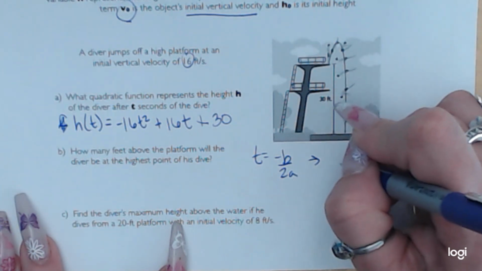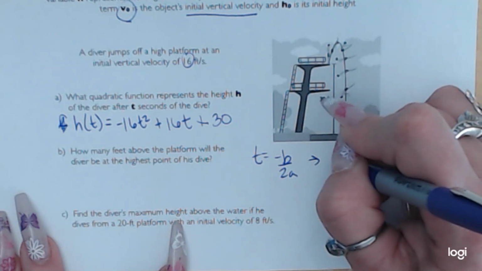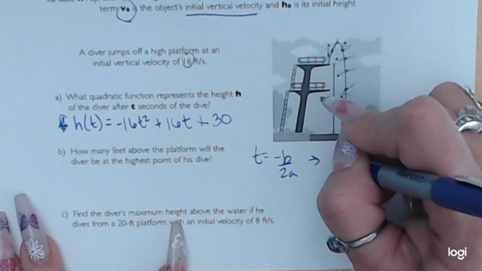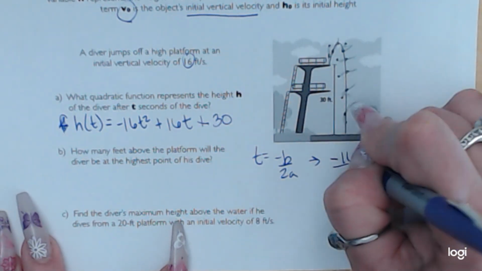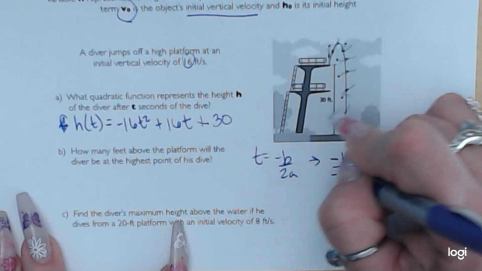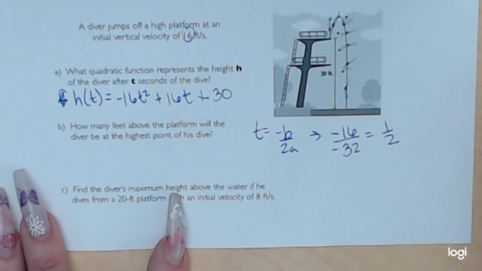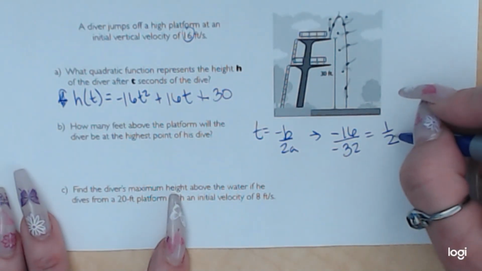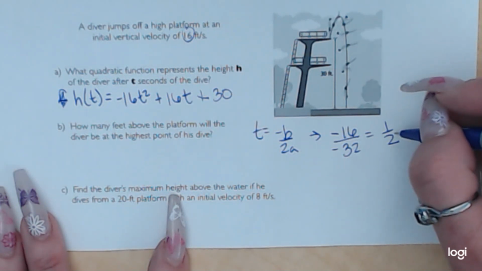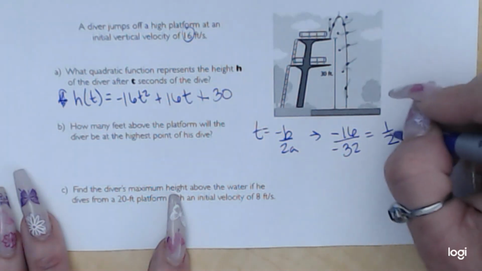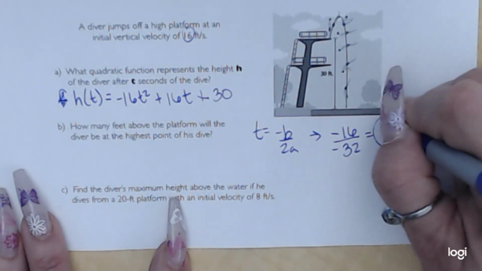We get negative 16 over negative 32, which gives us 1/2. Okay, this is our x value, this is our axis of symmetry, right? This is like our x value, our h value in the vertex. Okay.